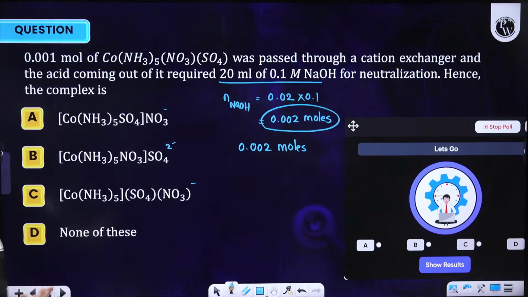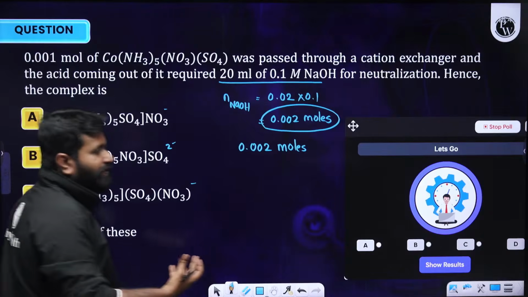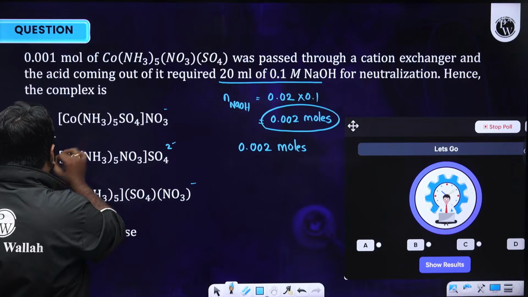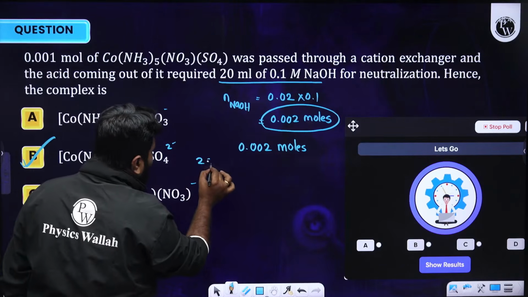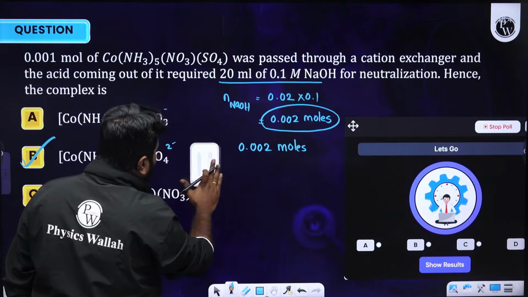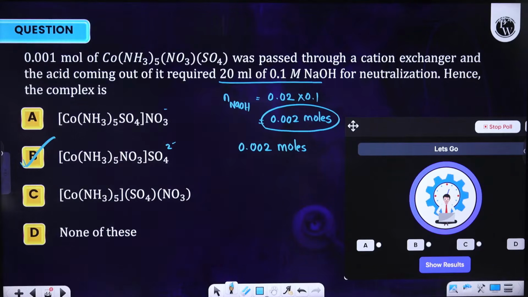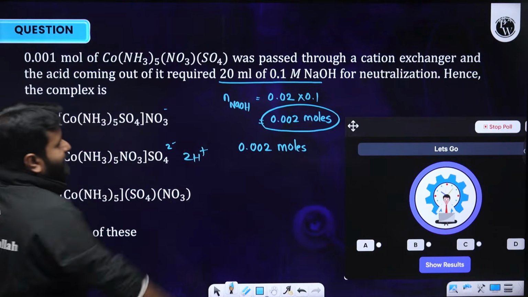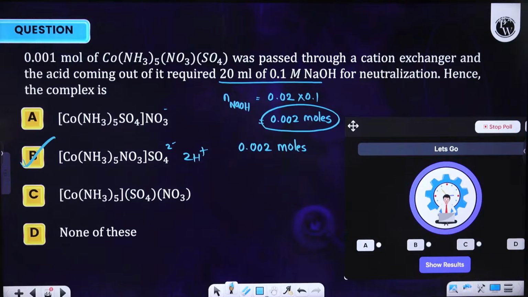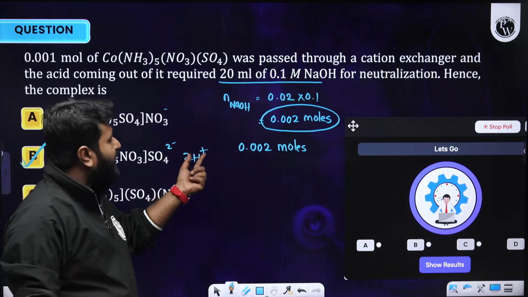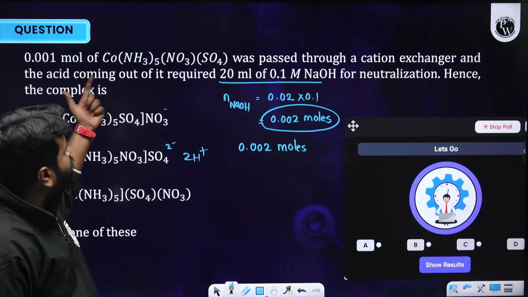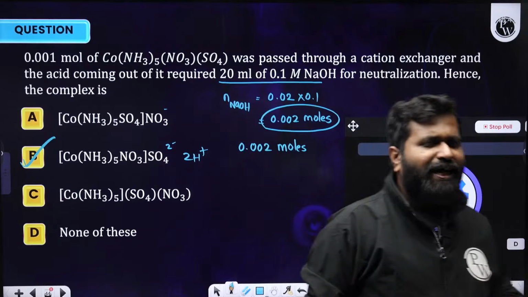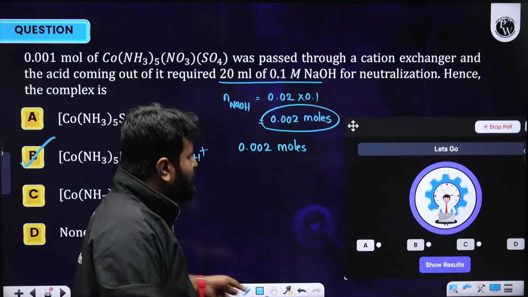So in what case will we exactly have 0.002 mole? If this complex gets dissociated, we will be having a 2 minus charge, so we will be getting 2H plus, right? Cation exchanges, so 2 negative charge, so 2H plus ions will come out as the acid. So 2H plus ions means automatically moles will also be 0.002 mole. N factor, that's all. So the correct answer is option B.